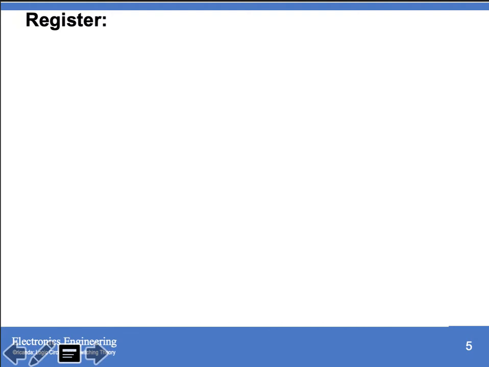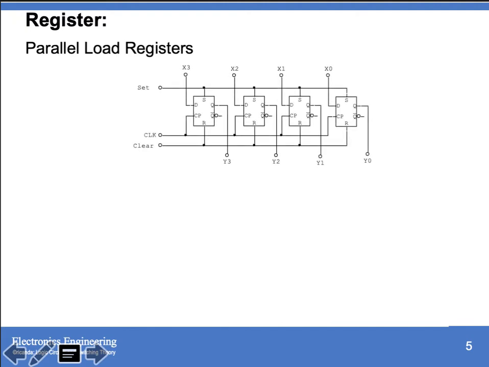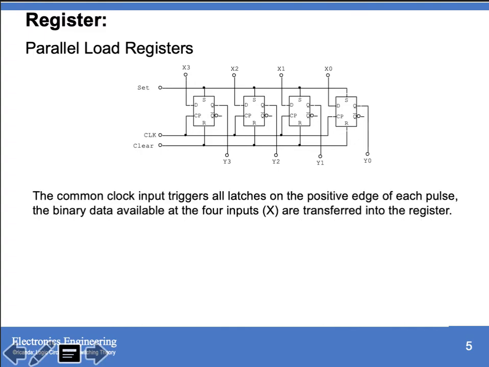So we have the first type of register, the parallel load register. We have a clock input that will trigger all the latches on the positive edge of each pulse. Most usually, registers use D latches. When the clock is positive, the binary data available at the 4 inputs, X0 up to X3, are transferred into the register.